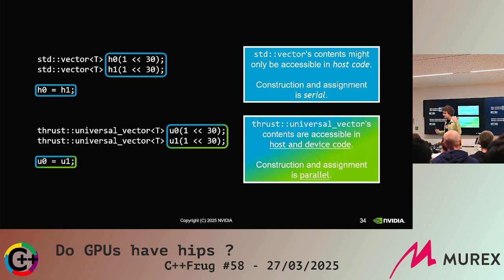Now, Thrust universal vectors' contents are always accessible in both host and device code, and operations on all Thrust vectors, like construction and assignment, are executed in parallel on the device or whatever the applicable execution target is.